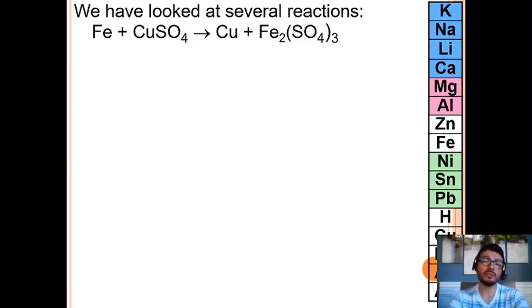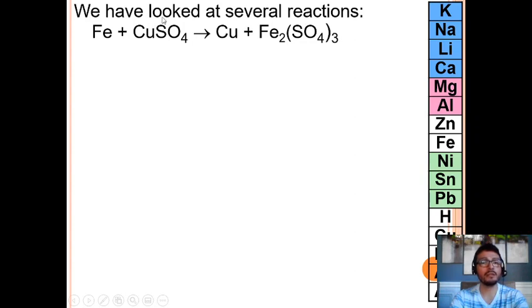Now, what you're able to do is predict using the metal activity series if this reaction will take place. So we locate iron on this list, and iron is right here. If you follow my cursor, copper is just below. Now, because copper is below, iron is able to displace it, so it's able to bump it out.